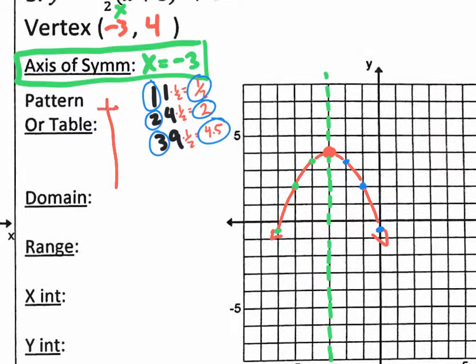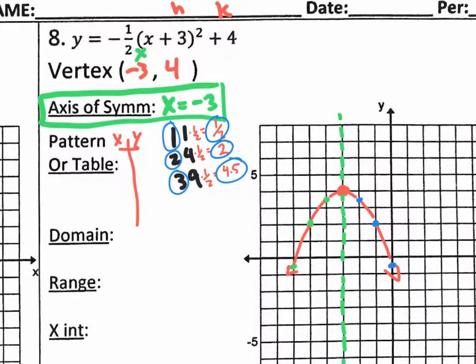Just a quick little example on the table. You could plug in any numbers you want for x that are pretty close to the x value of the axis of symmetry. So for example, if you plugged in, let me write that down, -2 for x, -2 plus 3 is 1. 1 squared is 1, and then 1 times -1/2 is -1/2 plus 4, that would be 3.5.